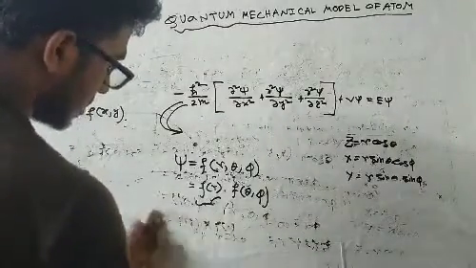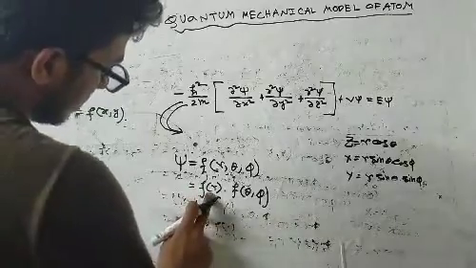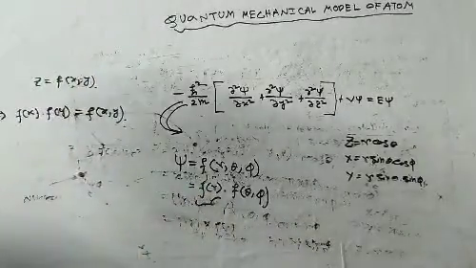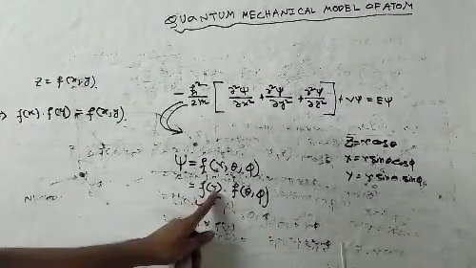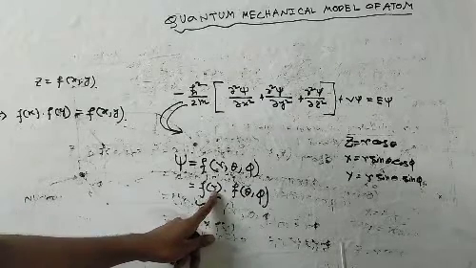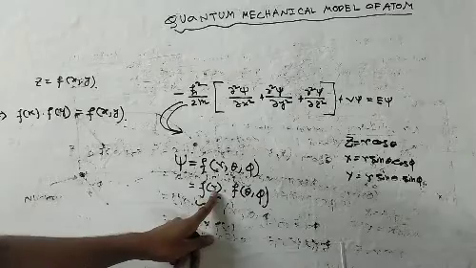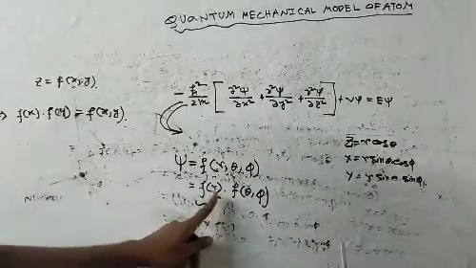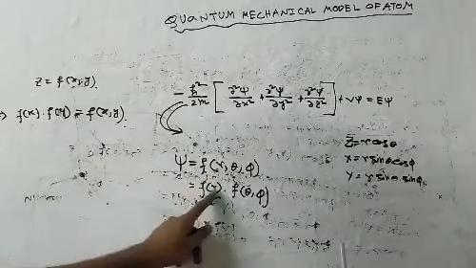So look at this function. This function totally depends on the distance from the nucleus to the electron. So r is the distance of the electron from the nucleus, and this function f of r only depends on r.